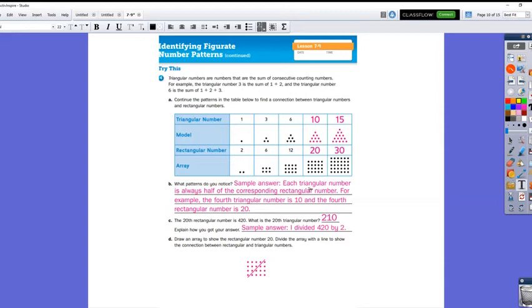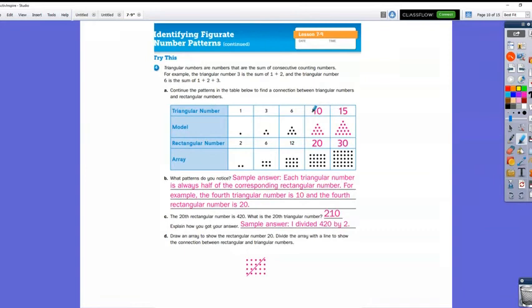For example, the fourth triangular number is 10, and the fourth rectangular number is 20. So here is 1, 2, 3, 4. The triangular number is half as much as the rectangular number.